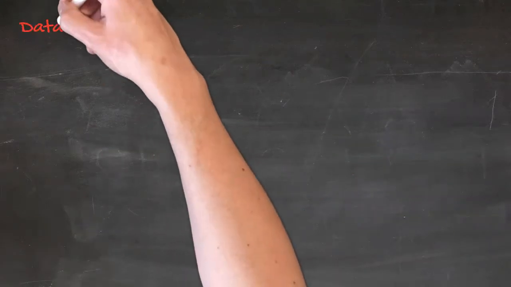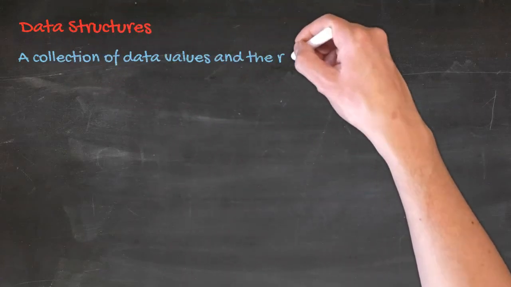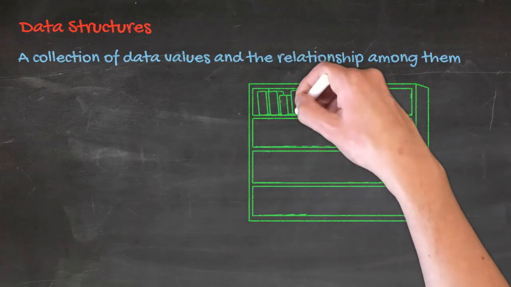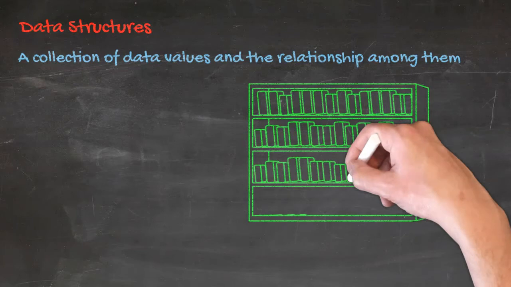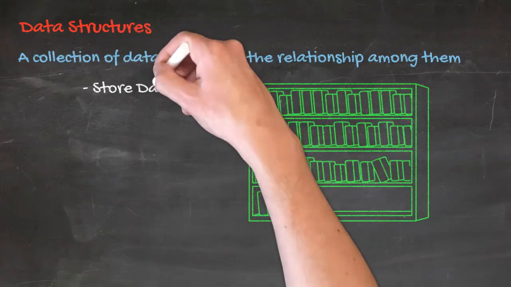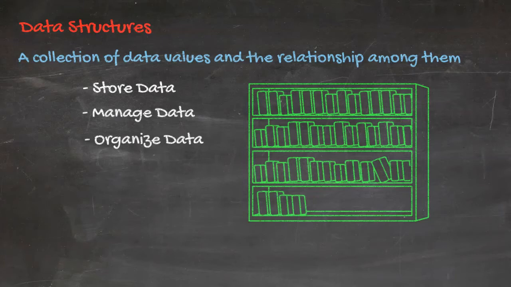Now let's move into data structures. We can define a data structure as a collection of data values and the relationships among them. We can use a bookshelf to store our books. We can manage them and organize our books there. In the same way, using data structures, we can store data, manage data, and organize data.